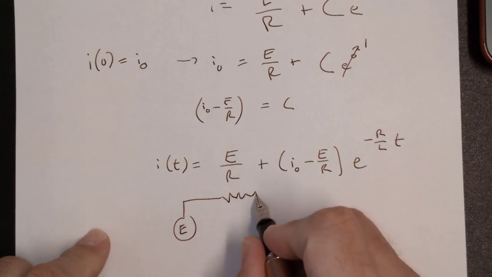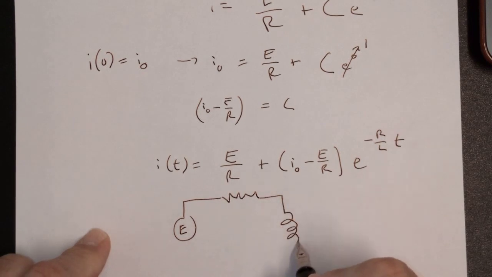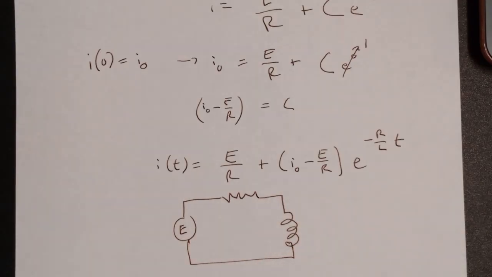a resistor in it, and a light in it. And what I want to know is about the current in the wire.